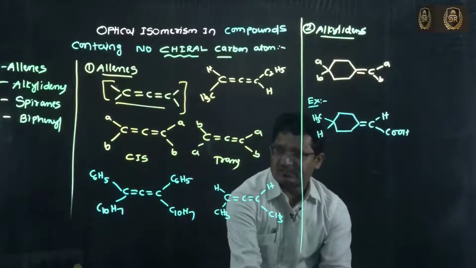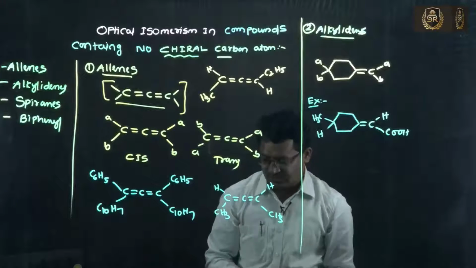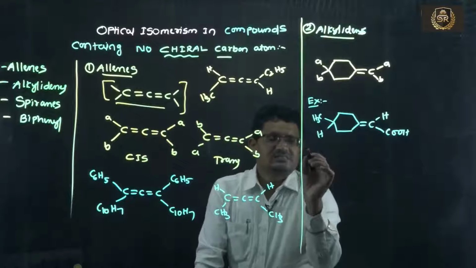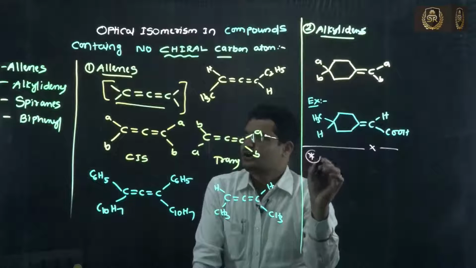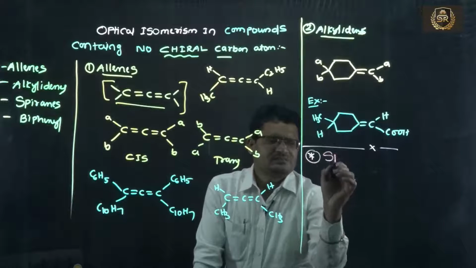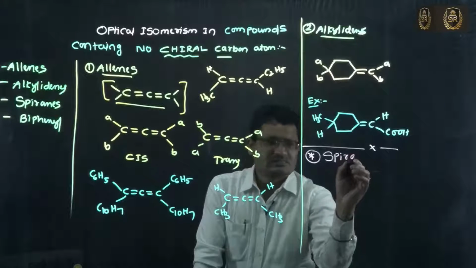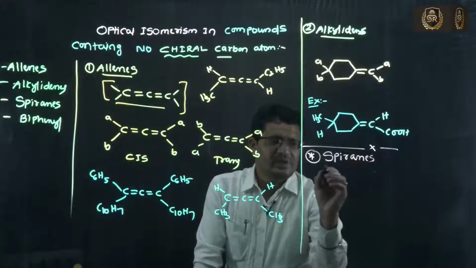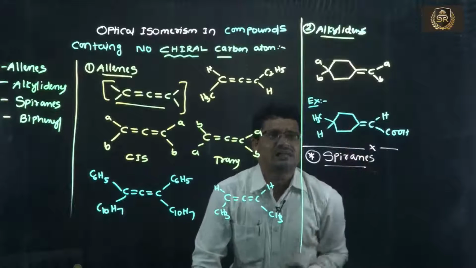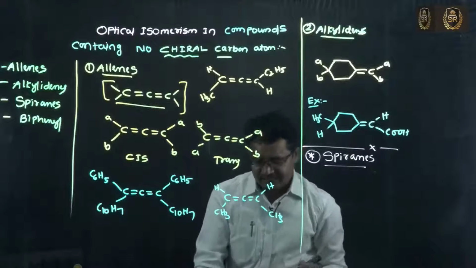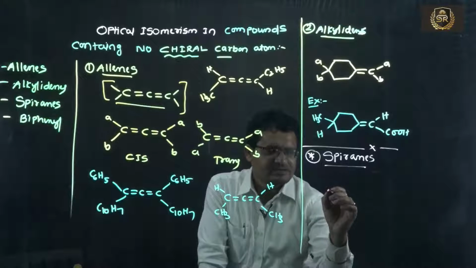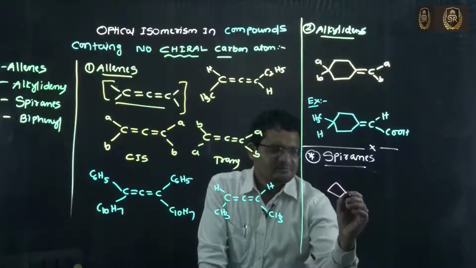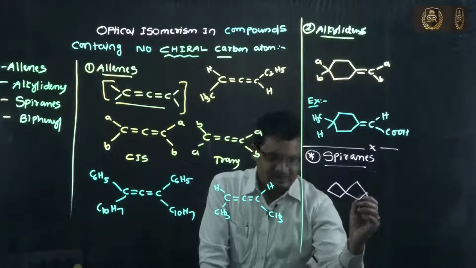After alkylidene, the next one is spirenes. This spirene is a bicyclic compound, and this is the formula of spirene.